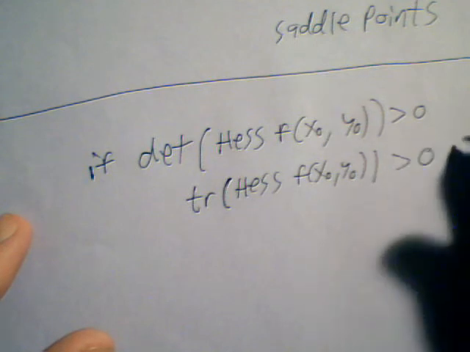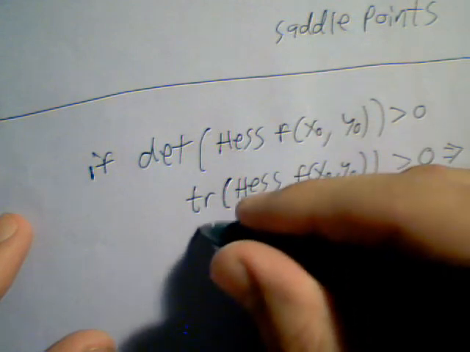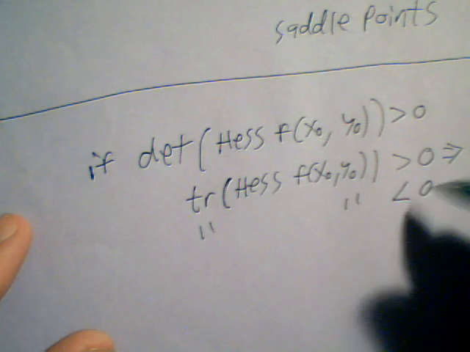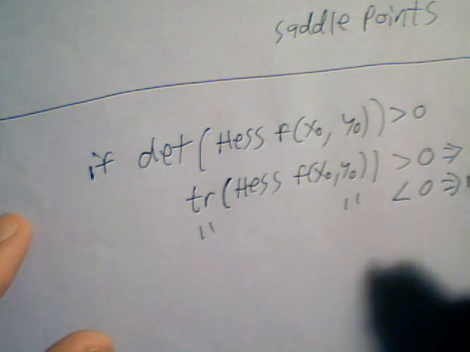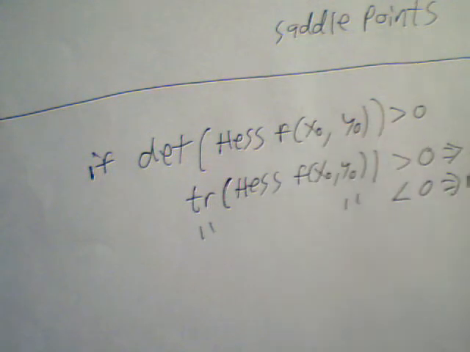If that is greater than 0, then I've got a min. If the trace is less than 0, then I've got a max. But this is only in the case when the determinant was positive, which was not the case here.